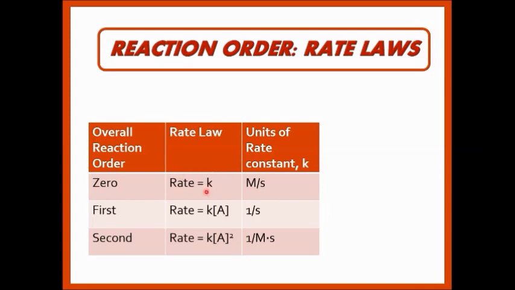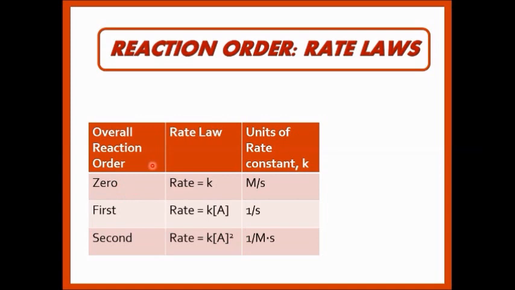So ultimately, rate is equal to the rate constant. For first order, rate is equal to our rate constant times the concentration of A. And for second order, rate is equal to our rate constant times the concentration of A raised to the second power.